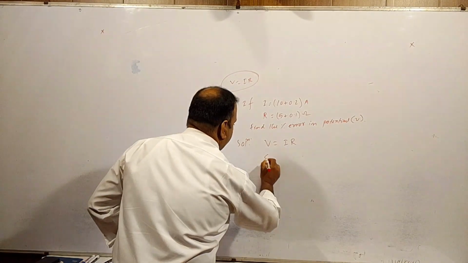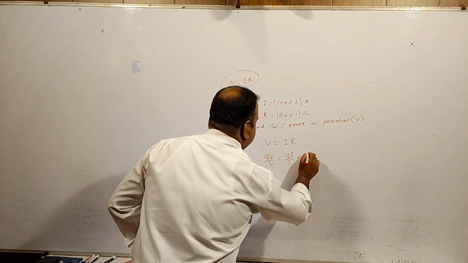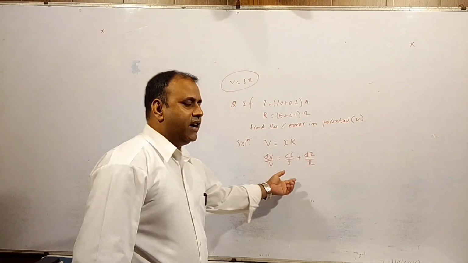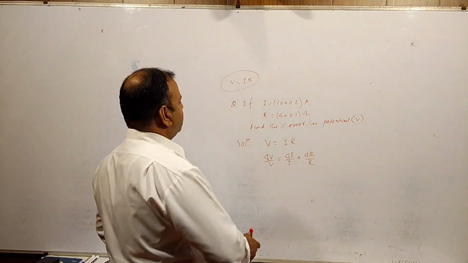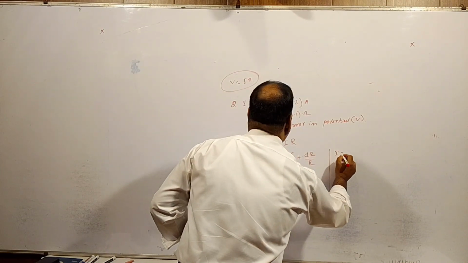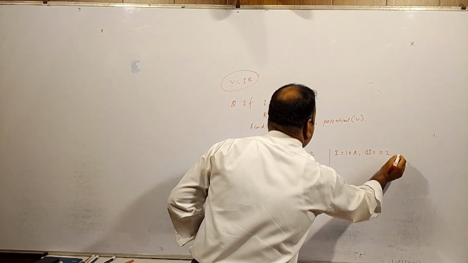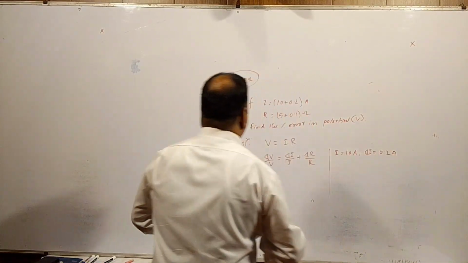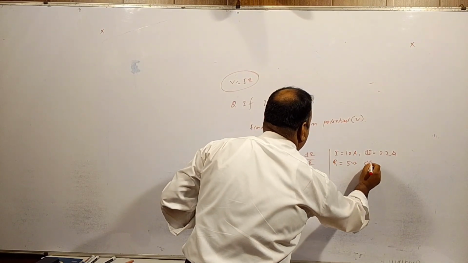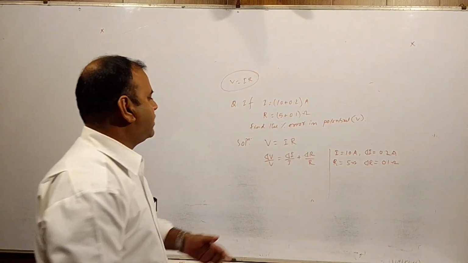That means the relative error can be written as delta V by V is equal to delta I by I plus delta R by R. Now from the given relation, I is 10 ampere and delta I is 0.2 ampere. R is 5 ohm and delta R is 0.1 ohm. So just put the values here.